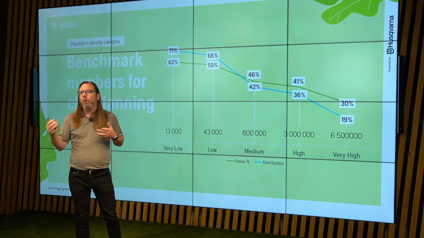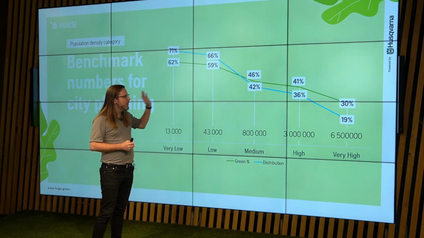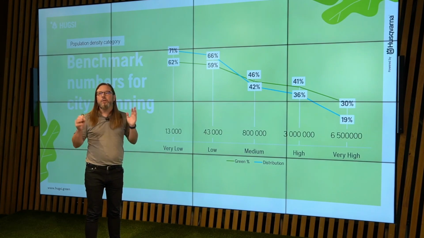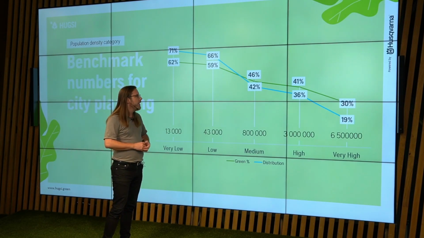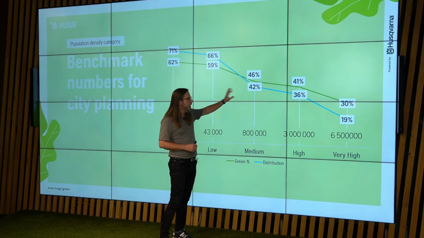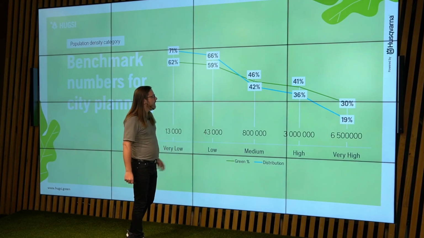But they are also, of course, related. To get better distribution, you also need more green. But accessibility and access to green is super important, and the distribution number is a way to show that. So I hope that I've been able to spread the love for this KPI a bit more, but there's more.